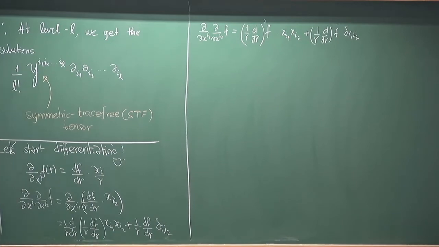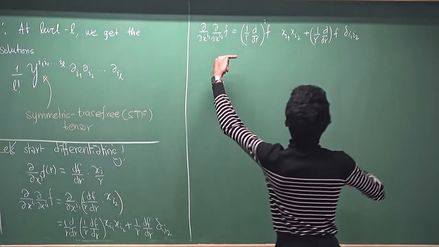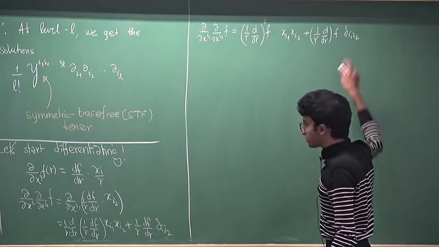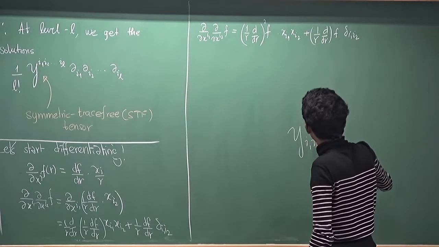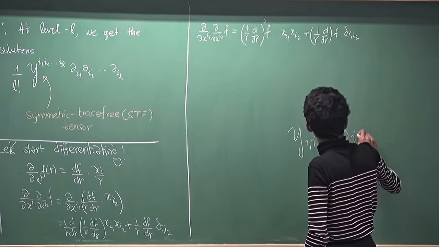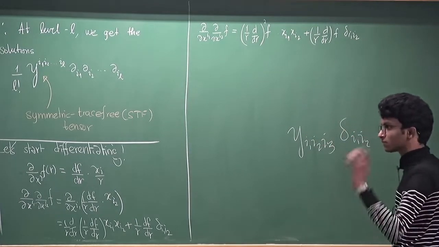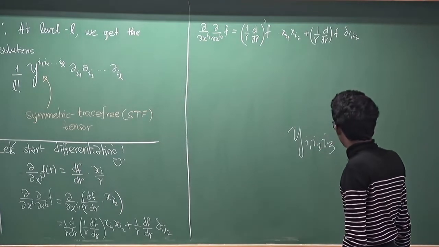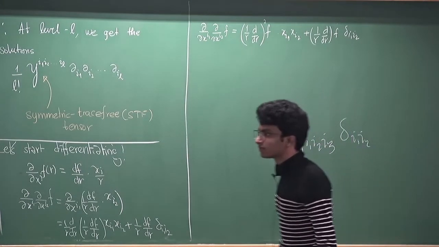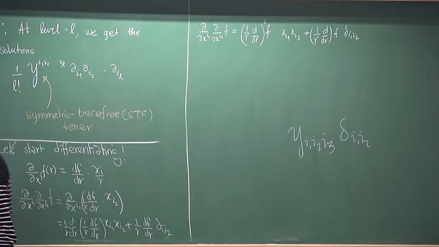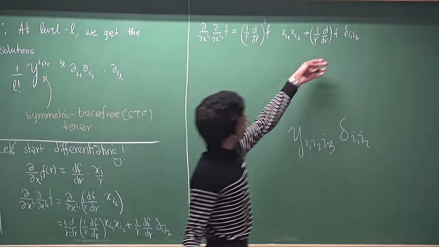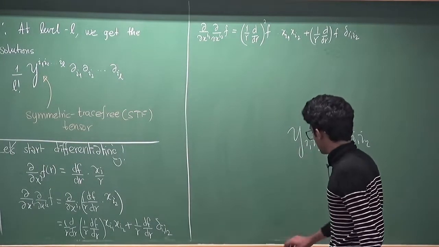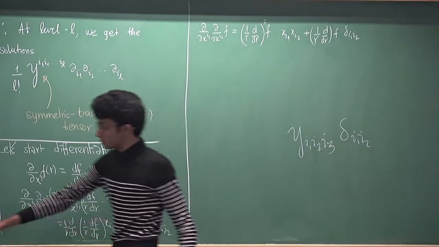Okay. Now when you hit this with a y, since delta I1 I2, so if say you had I1 I2 I3 and then you had a delta I1 I2, this is just taking a trace. And y I1 I2 are symmetric trace free, so this term won't contribute. Okay, which is good news.